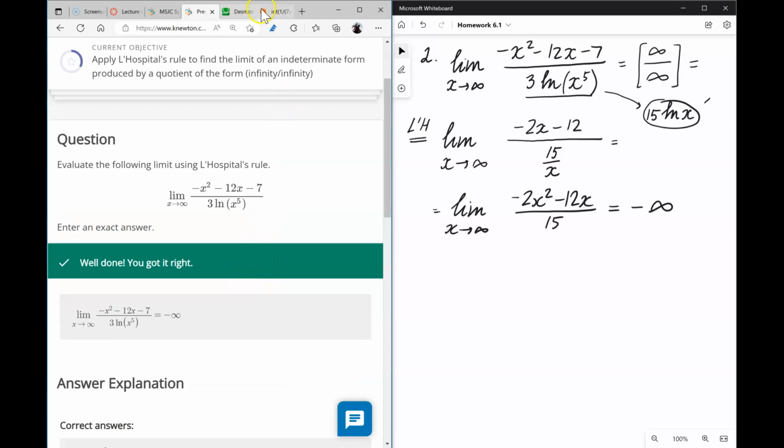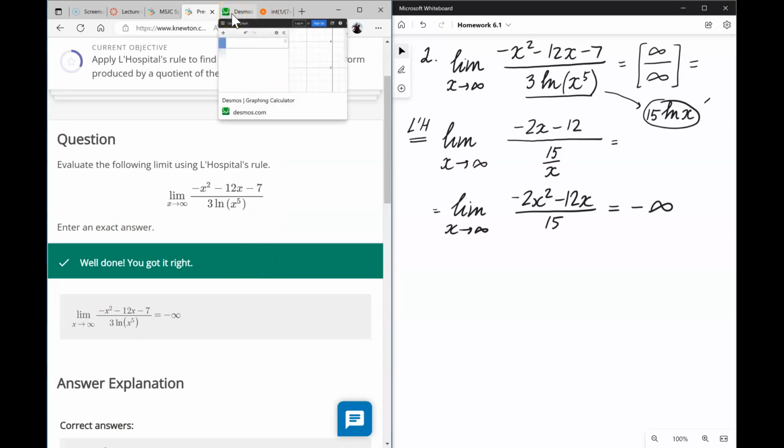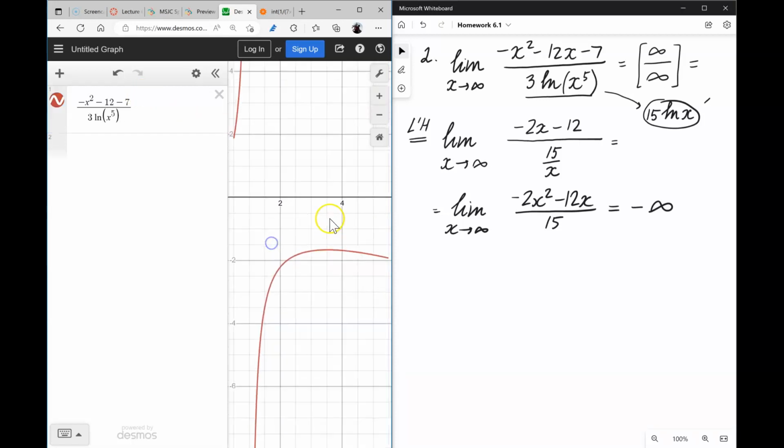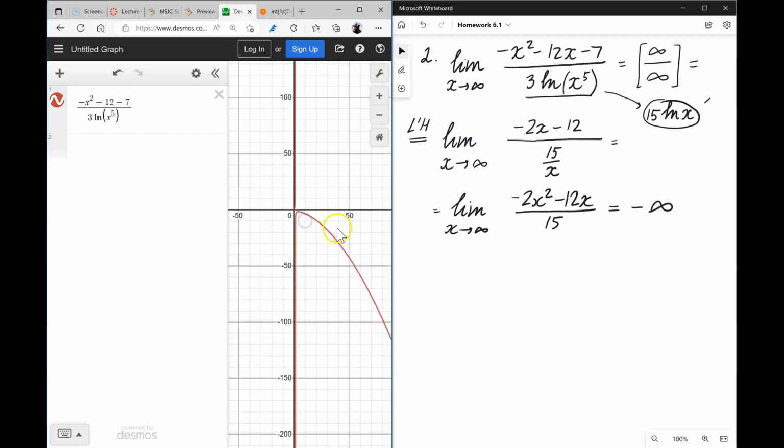Now, remember, what we learn doesn't cancel the other approaches. So if you ever want to just graph this function and take a look at it, you should be able to do that. Negative x squared minus 12x minus 7 divided by 3 ln x to the power 5. And you can see that as x goes to infinity, this function goes to negative infinity, which is kind of obvious from the graph.